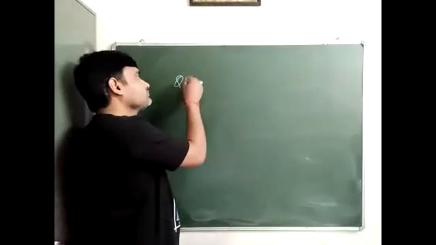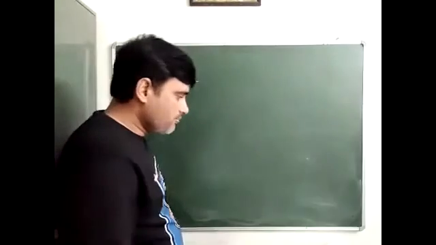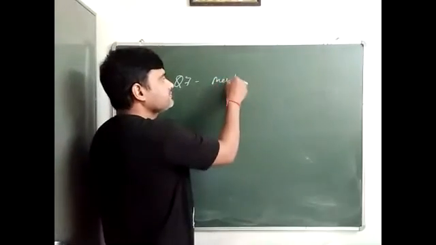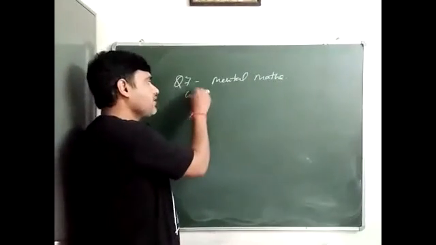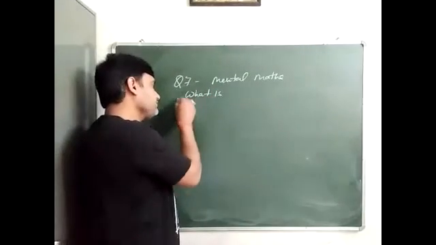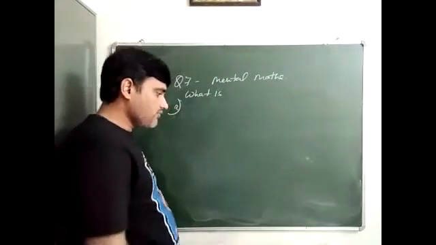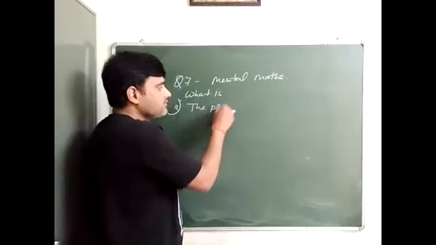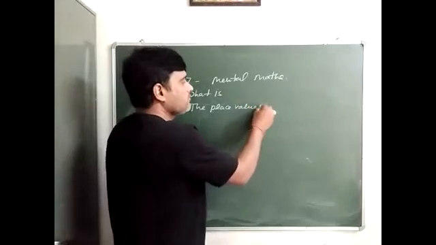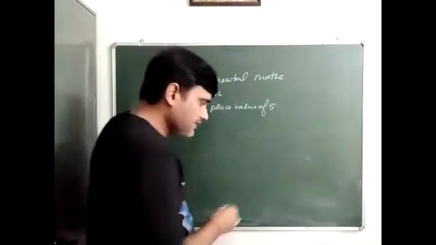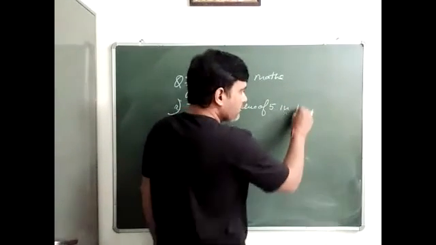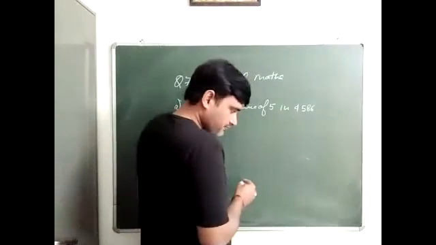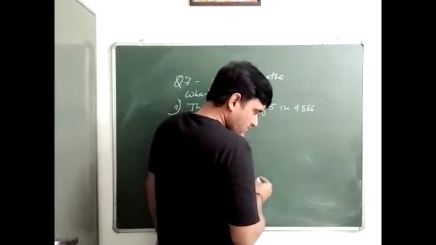Now we solve question number 7. Mental maths. A: What is the place value of 5 in 4586,39?